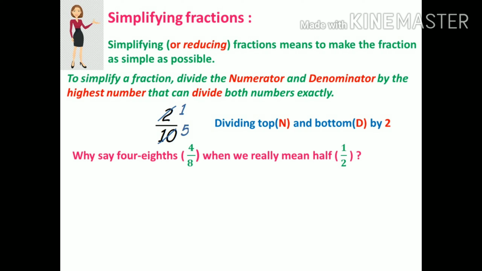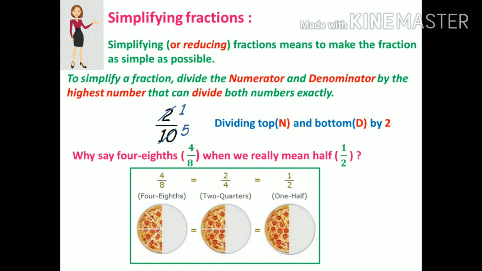Why should we say 4/8 when we really mean 1/2? Let's see how. In this figure, all the 3 pizzas show the same fraction of a whole, but there are different ways to write the fractions. In figure 1, we write it as 4 upon 8, that is 4/8.